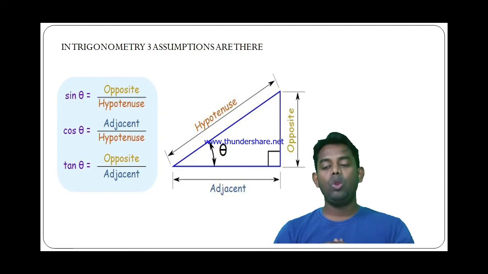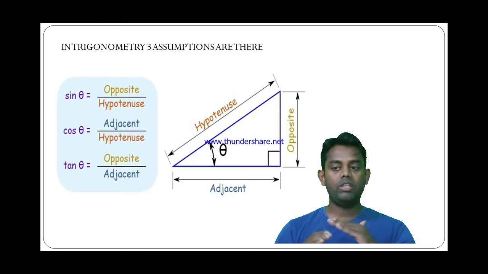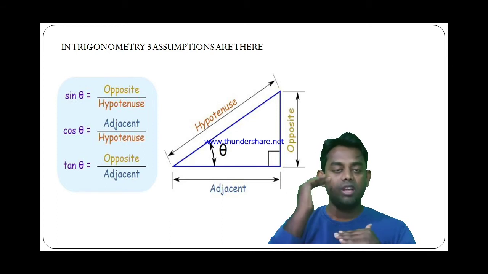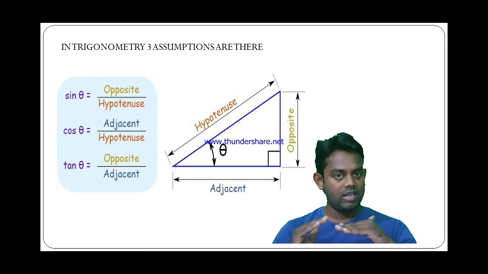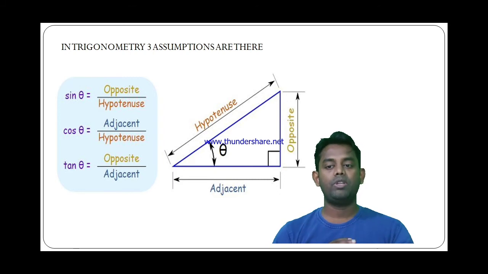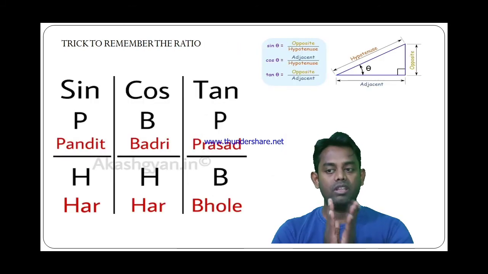If we look from the hypotenuse and adjacent, that is base side, then we can see the opposite side, and sine theta is basically the ratio of opposite side and hypotenuse. Cos theta is the ratio of adjacent, that is base and hypotenuse, and tan theta is basically the ratio of opposite side and adjacent.